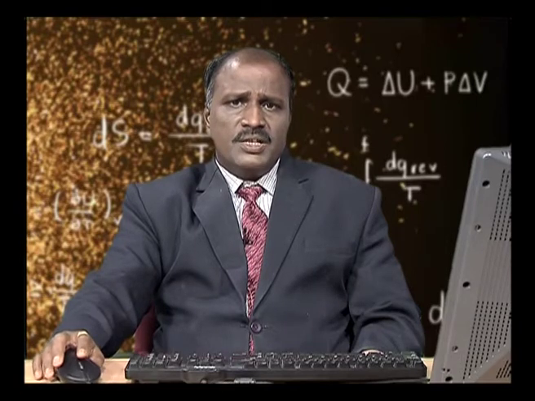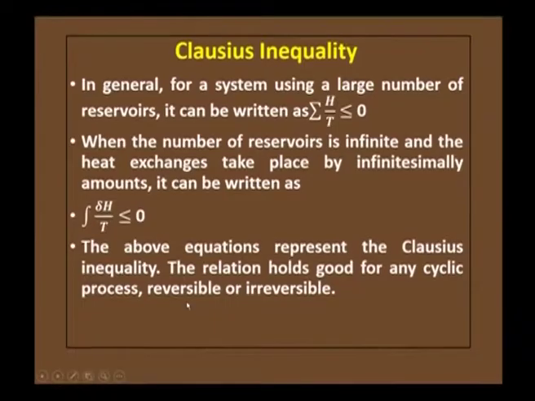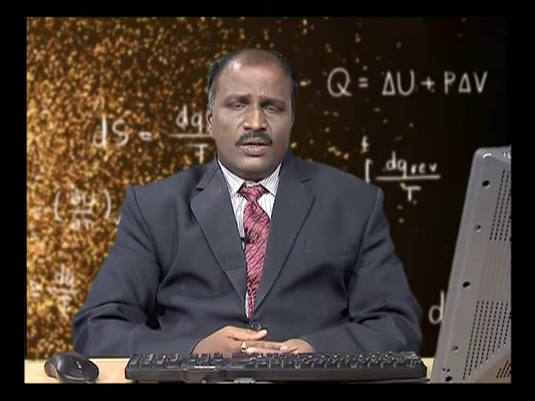Therefore, this equation represents the Clausius inequality, and this relation holds good for any cyclic process, whether it is reversible or irreversible. Next, we will be moving on to the next topic, entropy and the second law of thermodynamics.